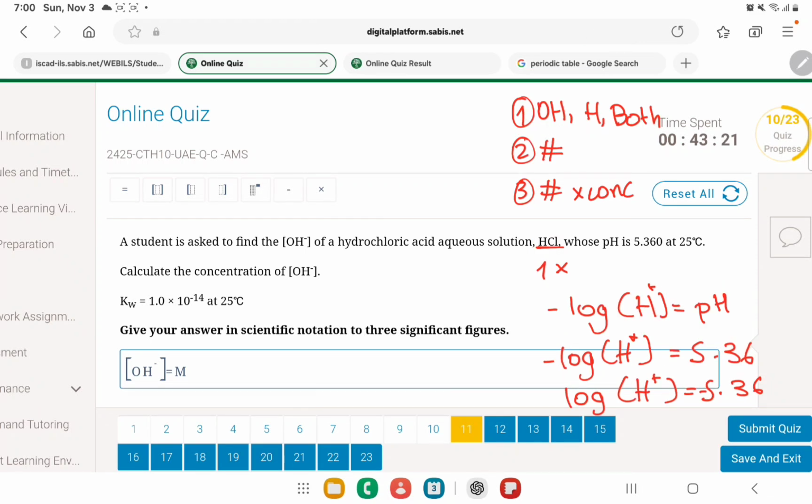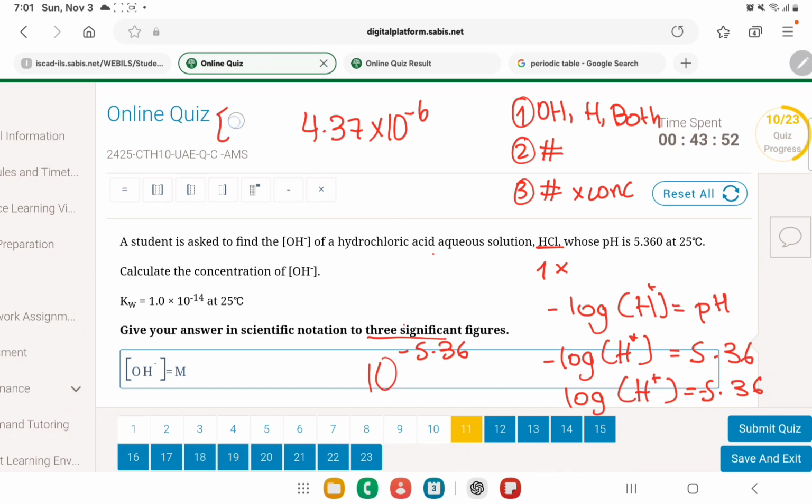And you know that whenever we have log, it's like 10 to the power of whatever, right? So we're going to do 10 to the power of negative 5.36. They want three significant figures in scientific notation, so 4.37 times 10 to the power of negative 6. That would be the concentration of H plus.